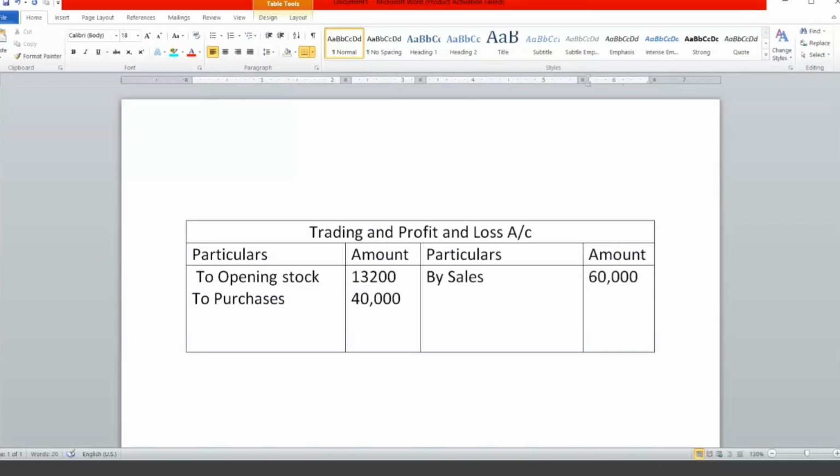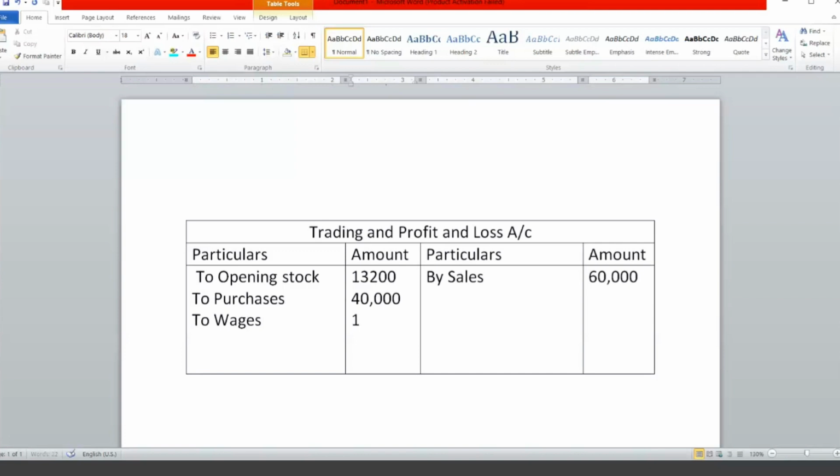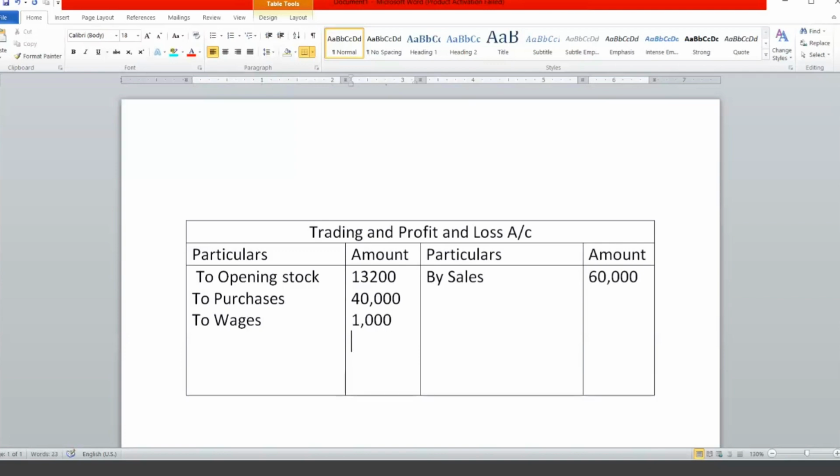Sales is 60,000. And then after that, any other expenses do you have? Direct expenses, wages is there. So write down to wages. What is the amount? It is 1,000. And then any other expenses? I don't think we can find other expenses. That's it we have.